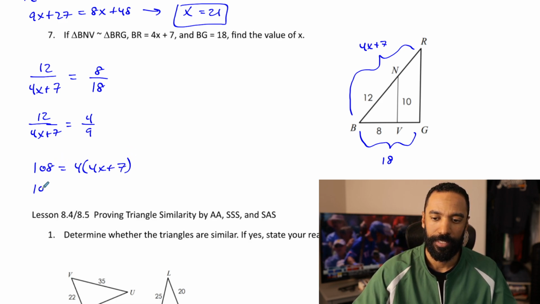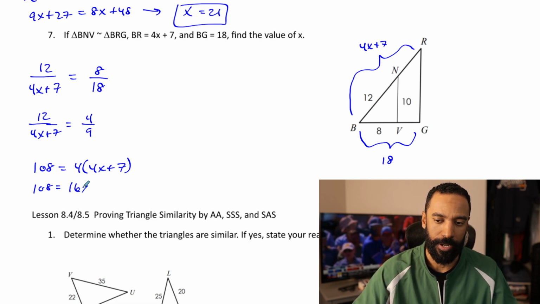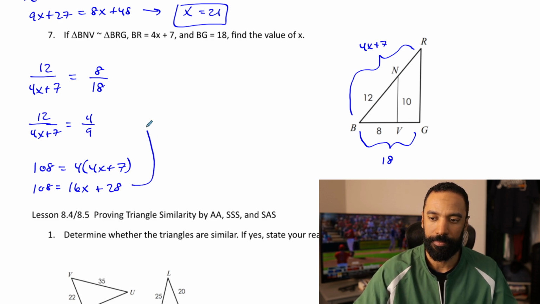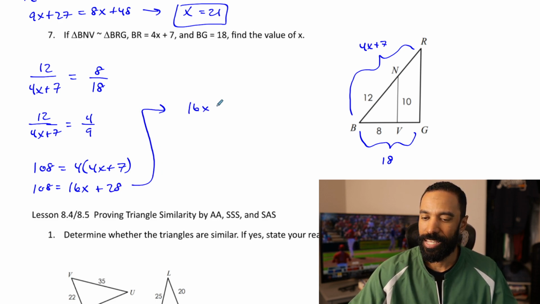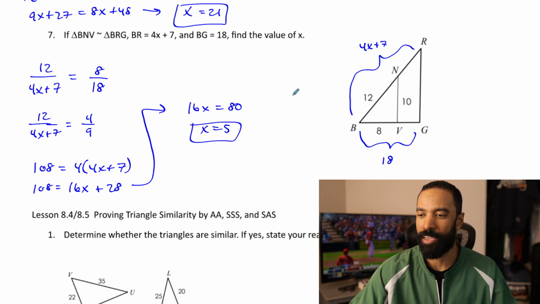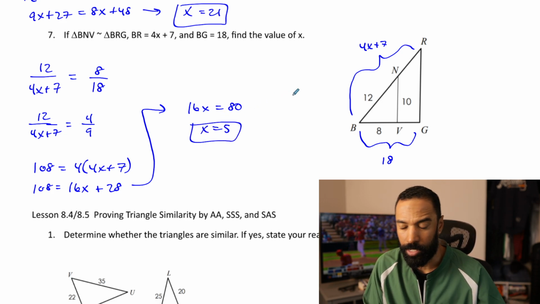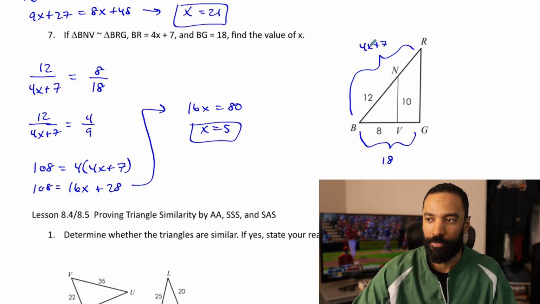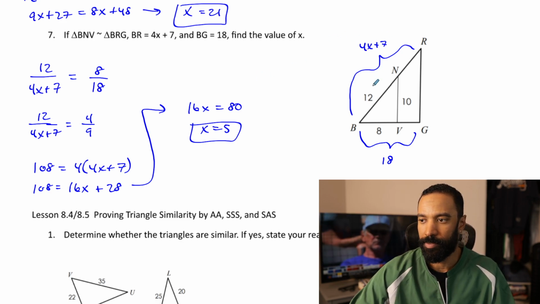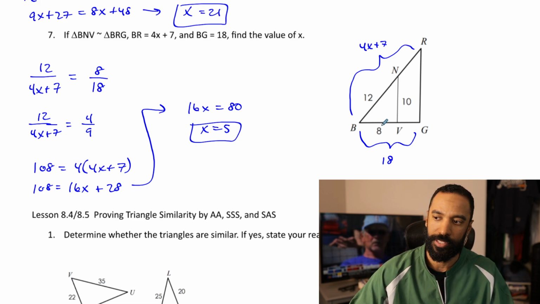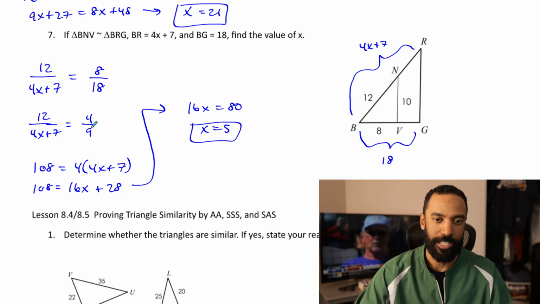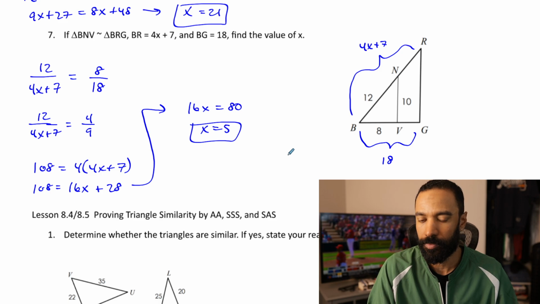The rest is algebra, so I'm going to rush through that. 16x equals 80, therefore x equals 5, and that's all that was requested. It's always good to double check. 4 times 5 is 20, plus 7 is 27. 12 27ths is 4 ninths, and we saw 8 18ths was also 4 ninths, and that works.